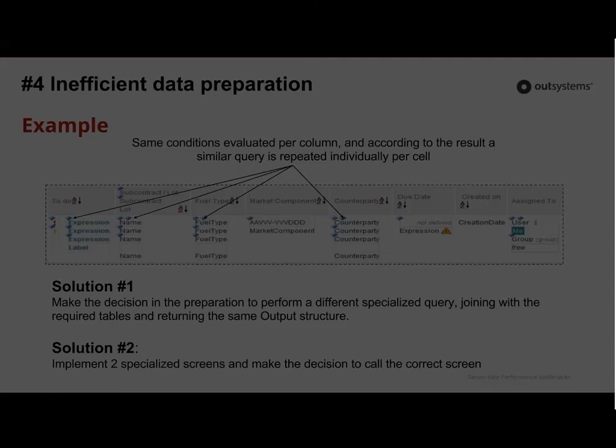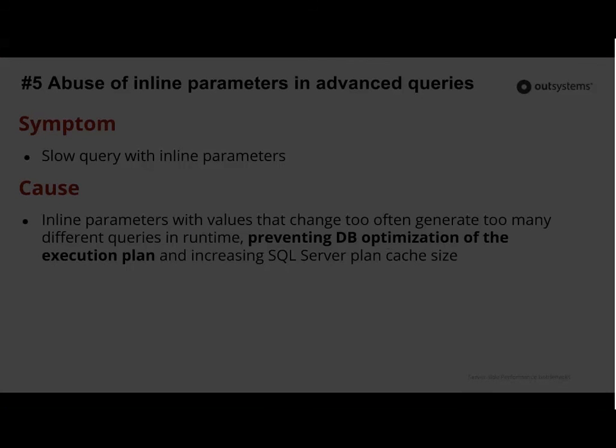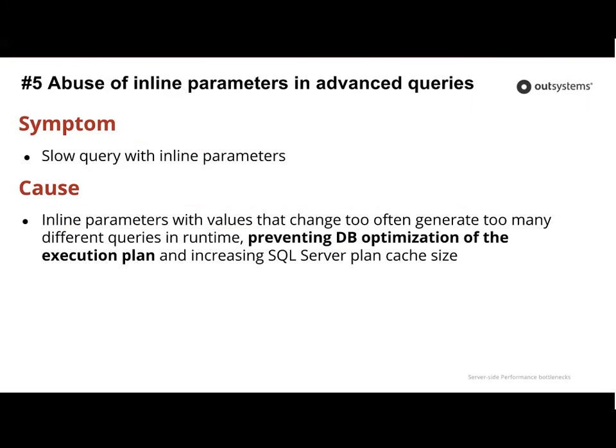Another tip that we have here to provide is related with inline parameters. In some situations, the SQL statement is so different that it's not going to be optimized by the database engine whenever we are sending the request to the database engine.